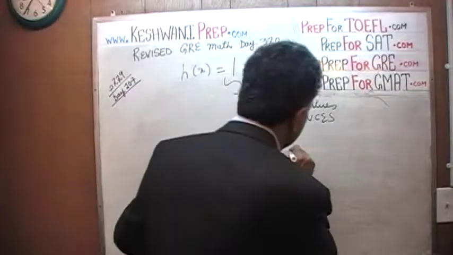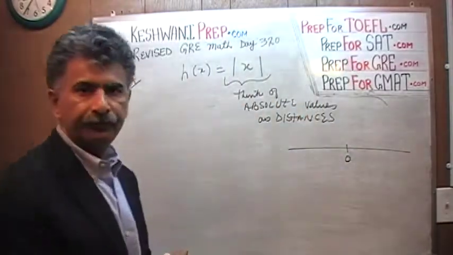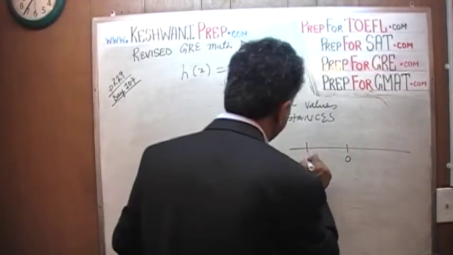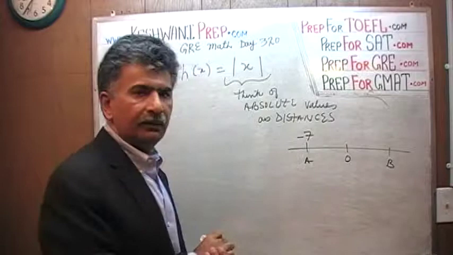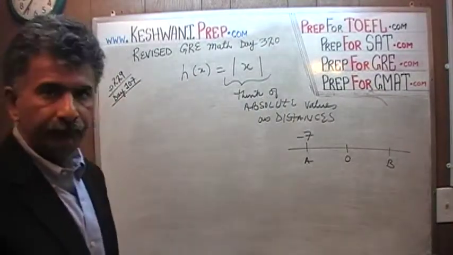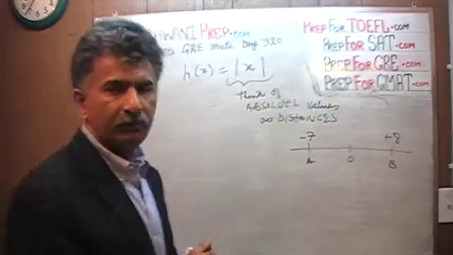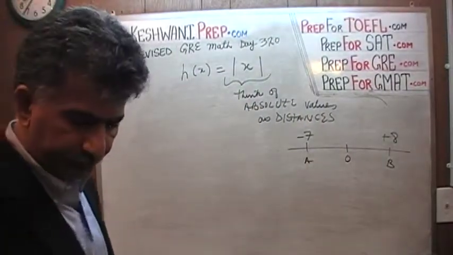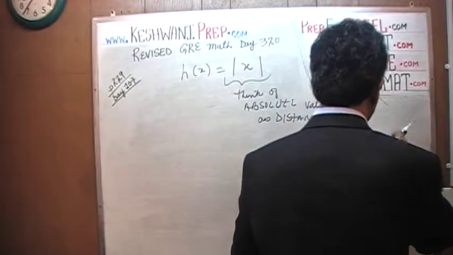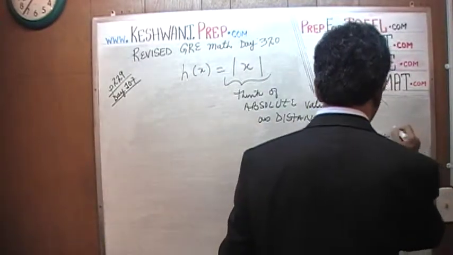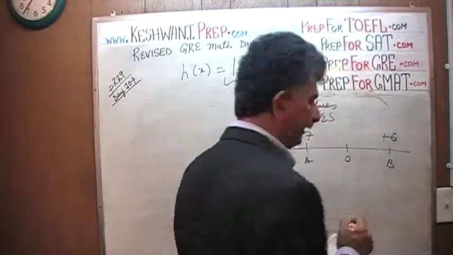So here's a town O, here's town A, and here's town B. Town A is 7 miles from town O, and town B is 8 miles from town. Let's make it 6 miles.